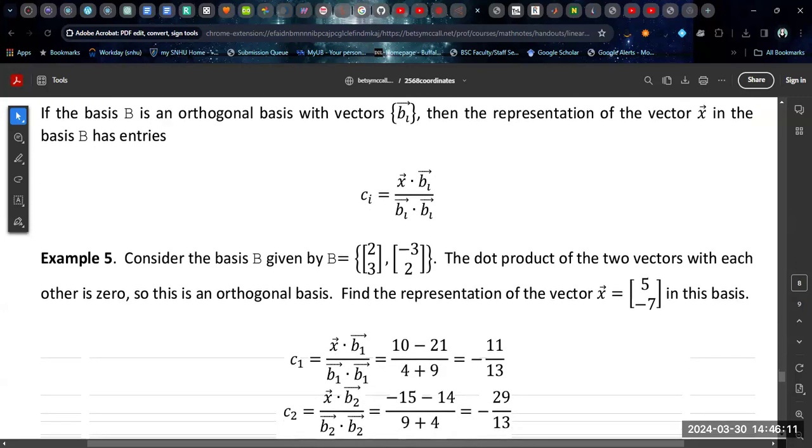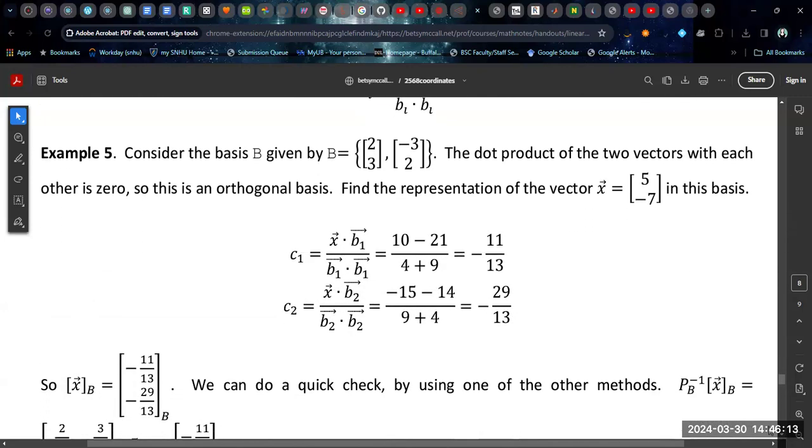So let's look through this example, and we'll do it both using the dotting method, and then using the matrix transformation method from the previous section, and see that we get exactly the same answer. Let's consider the basis 3, 2 and -3, 2.